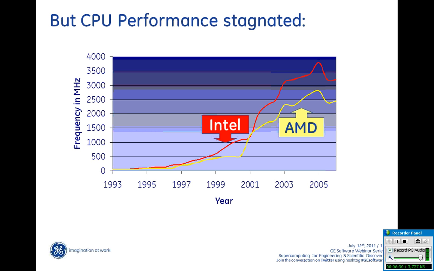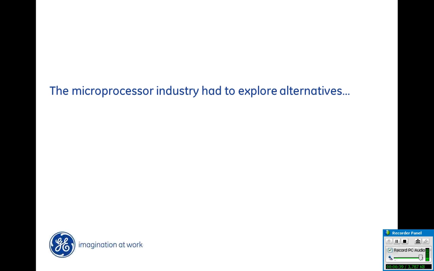graph shows Intel and AMD's CPUs, and right at the end you see a dip, and this was when we started into multicore.